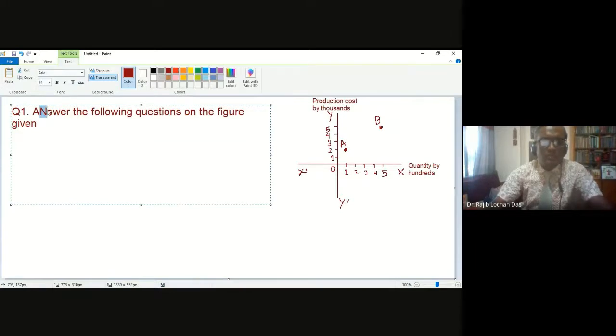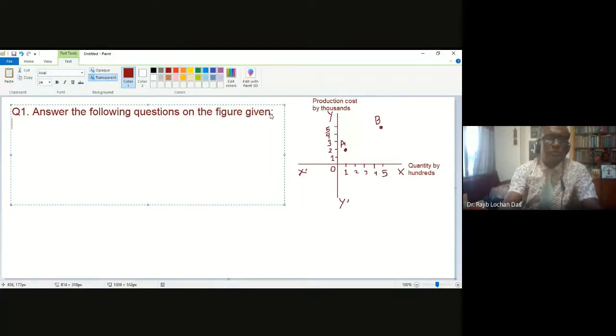Answer all of the following questions on the figure given. So what are the questions? Number 1 question is: write the coordinates of A and B. So this is the first question.